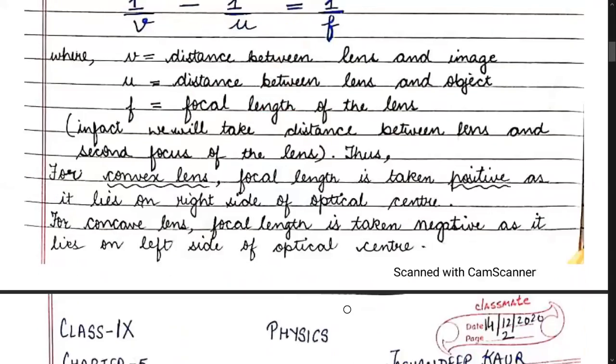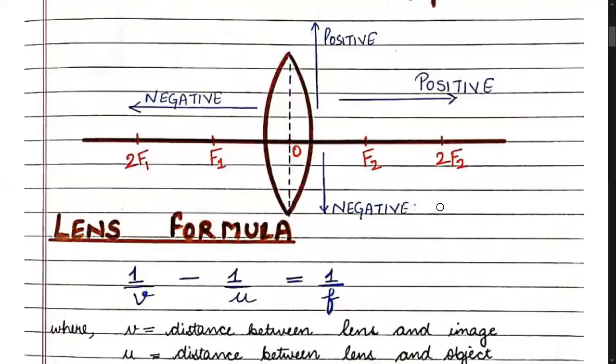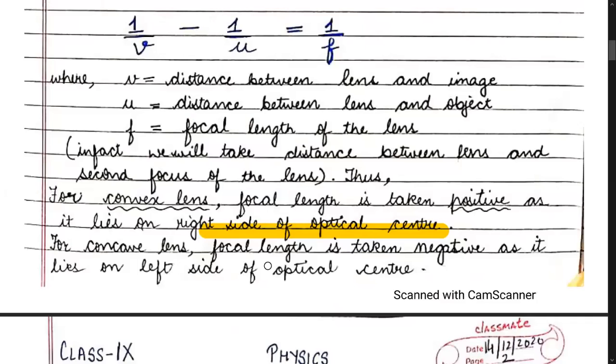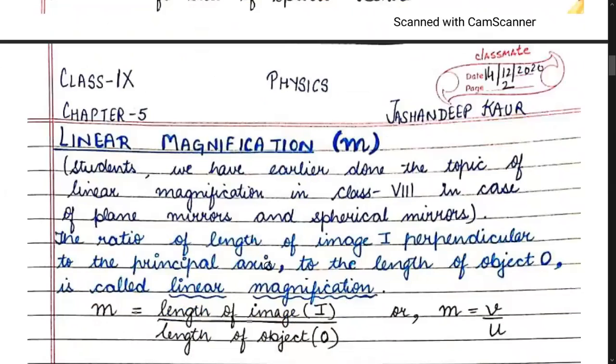It means that for a convex lens, the focal length is taken positive because it lies on the right side of the optical center, as you can clearly see in figure number 2, while for a concave lens, the focal length is taken negative as it lies on the left side of the optical center.